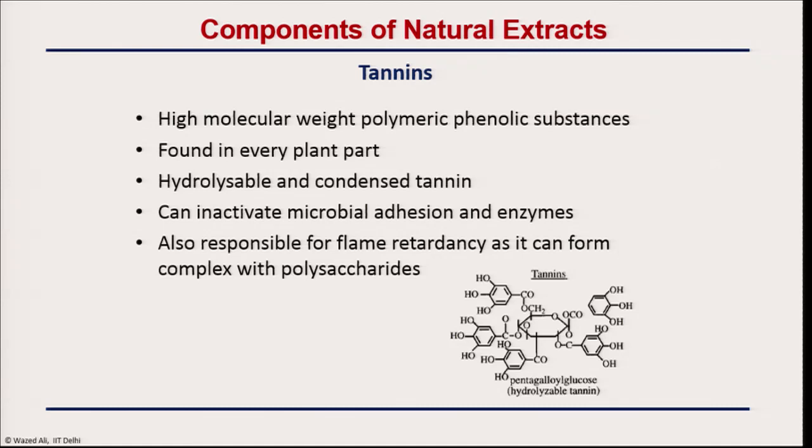So, many researchers have tried to develop fire retardant textiles using different kinds of tannin compounds, and of course, we are also doing some research at IIT Delhi using tannin-based material on textile fabrics to develop fire retardant textiles, and we are very successful in developing fire retardant textile using tannin-based material.